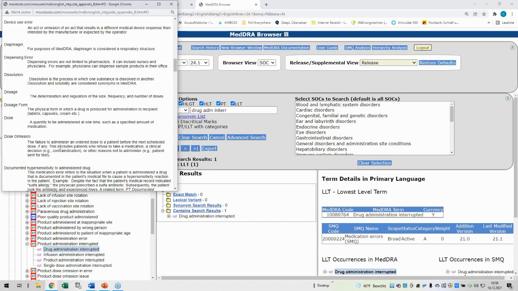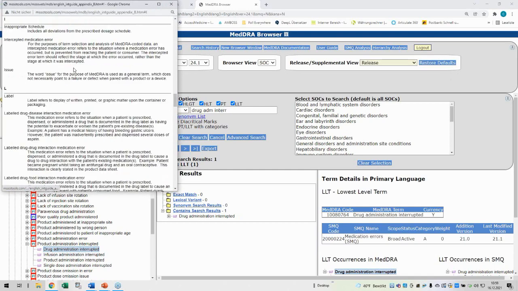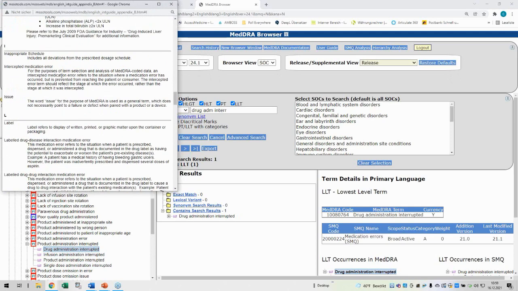So this doesn't help much to take our decision whether we select the intentional dose omission term or rather consider this a schedule issue. If I go for the inappropriate schedule, let's see if there is a concept description for inappropriate schedule as well. Here it is, includes all deviations from the prescribed dosage schedule. So this is really quite vague. Again, not really helpful for our scenario.